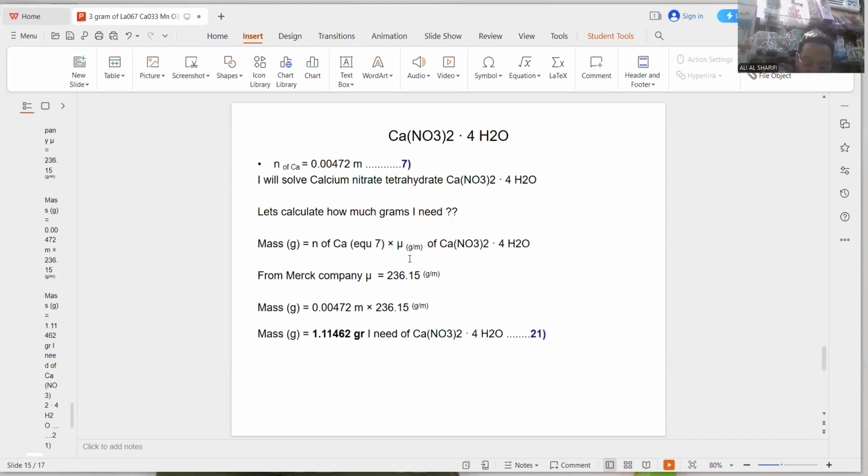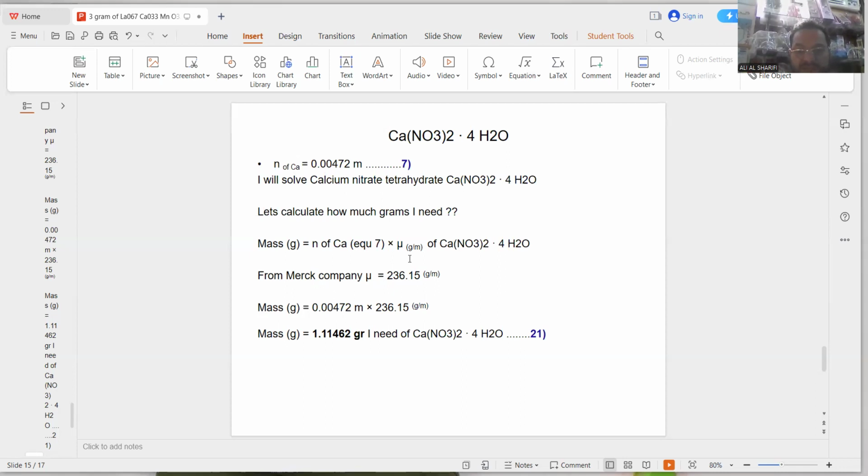Now let's talk about calcium nitrate tetrahydrate. I need 0.00472 mole of calcium. By that, I will use calcium nitrate tetrahydrate in water, but how much do I need? Let's calculate by using the same triangle. Mass at top, molecular mass at left, mole number.